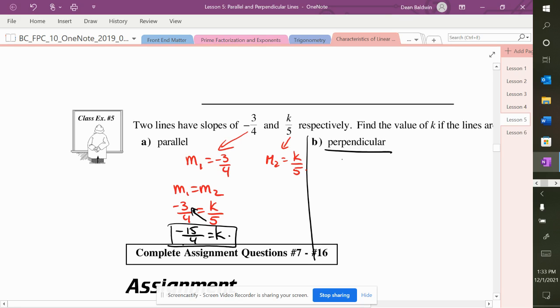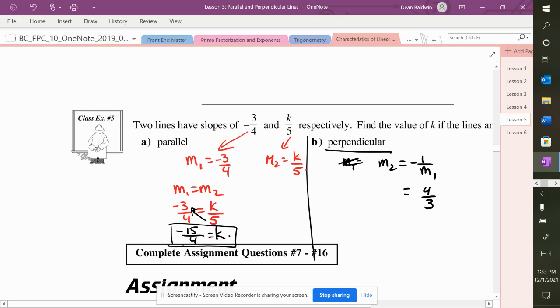But if you flip one, so M1, what do I want to say here? M2 should equal, I'm going to flip M1 and put a negative, so it should equal that, right? If they're perpendicular. I flip one of them and make it negative. So I'm flipping the 3 over 4 to get 4 over 3.